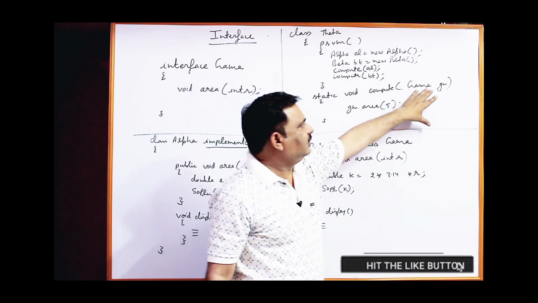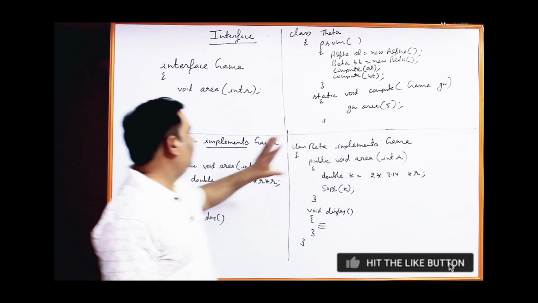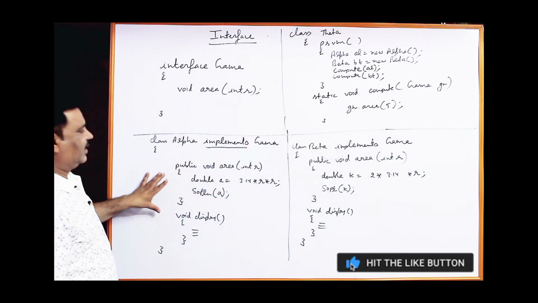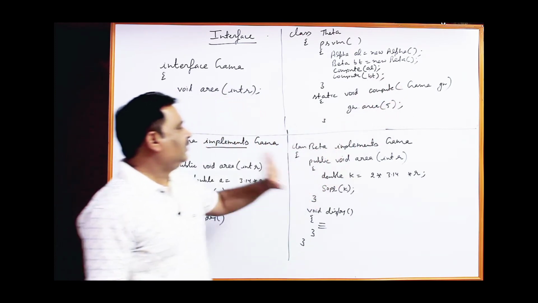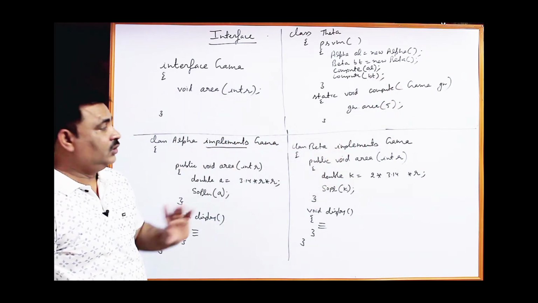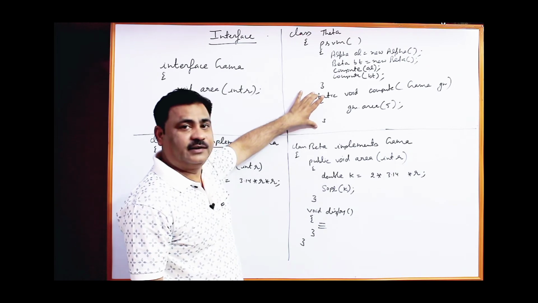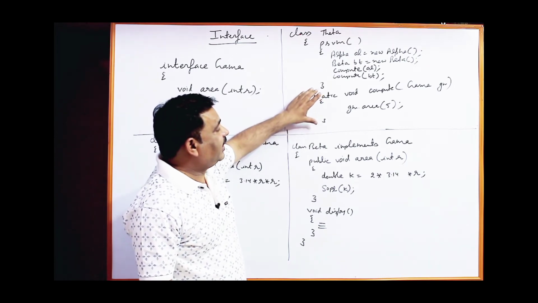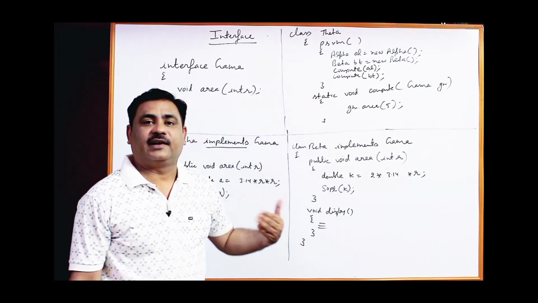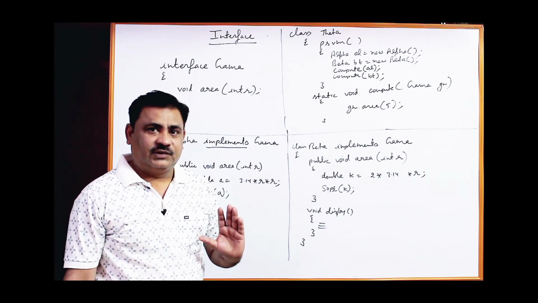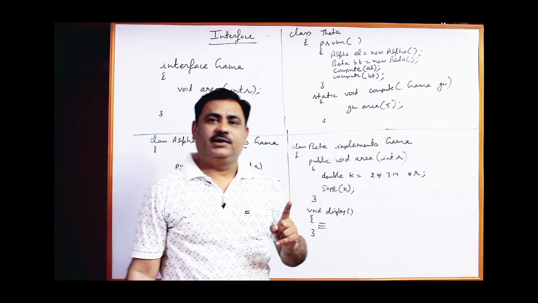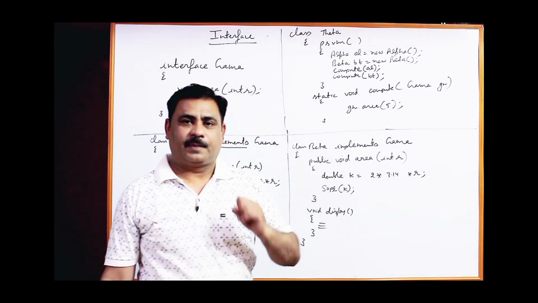The first time when you call, it will access the area function of alpha class. When you call the second time, it will access the function of beta class. So here the function is one, but it is accessing different functions of different classes, and the function name is the same. This is also an example of the feature polymorphism.